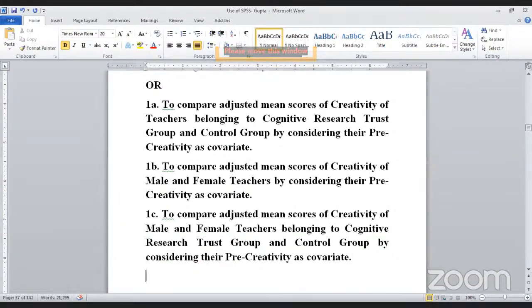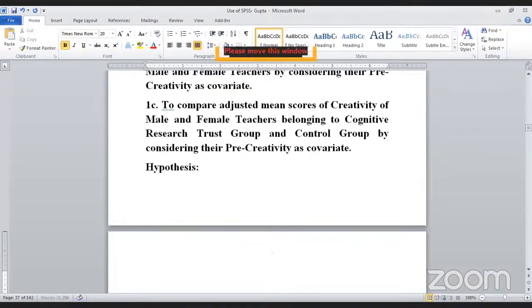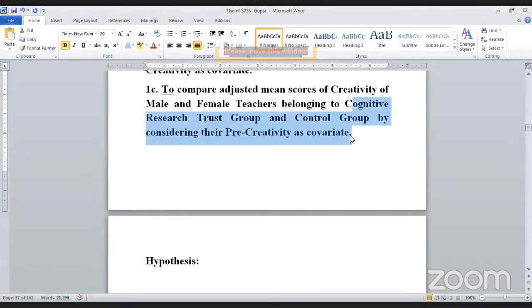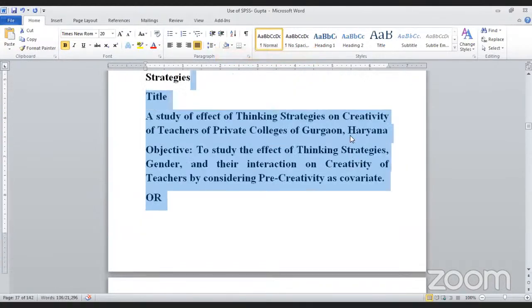Is it clear, or you want to ask a question? Now I can write hypothesis. Now the hypothesis will be, let me copy and paste and then write the hypothesis. Should I write for one objective or for all the objectives?